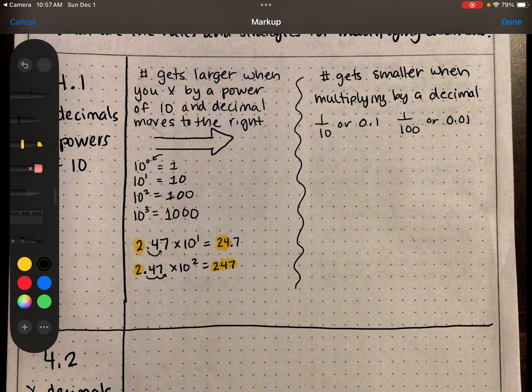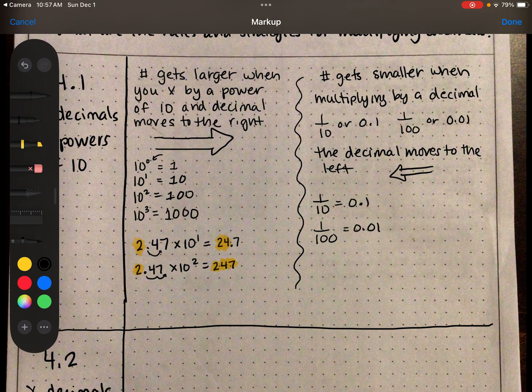So when we have 1/10 or 0.1 or 1/100th or 0.01, now our decimal is going to move to the left for every power of 10.